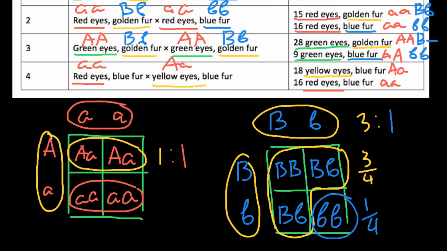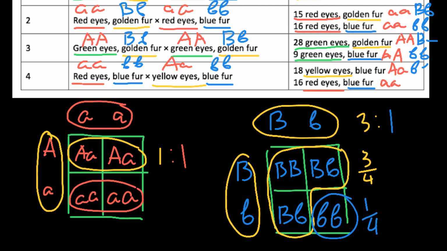Now let's analyze the last example. We cross blue fur with blue fur, and in the progeny we also see blue fur, and that means it has to be homozygous recessive here and homozygous recessive here, and we don't need a Punnett square.